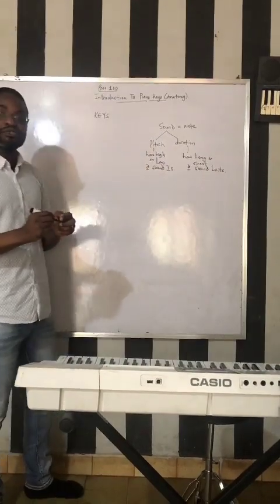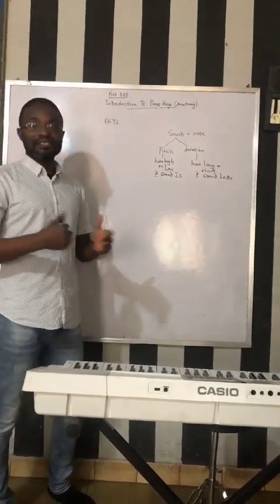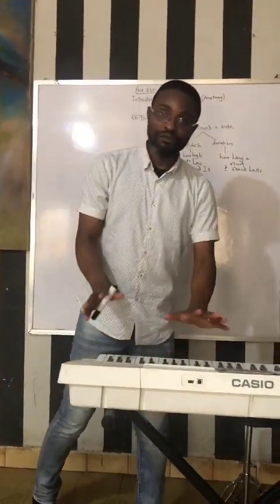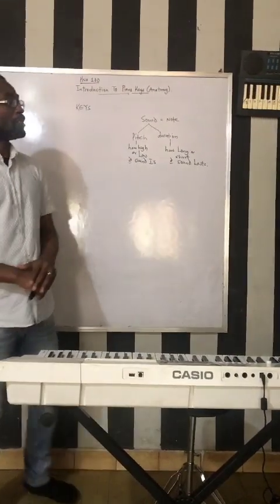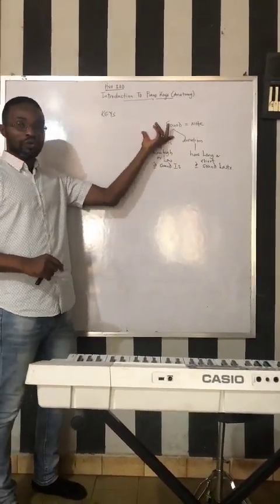Okay, so those are two things that just work together. But today, to understand the anatomy of the keys of music as they are found on the piano keyboard, we are going to be dwelling much more on the particular one called pitch.